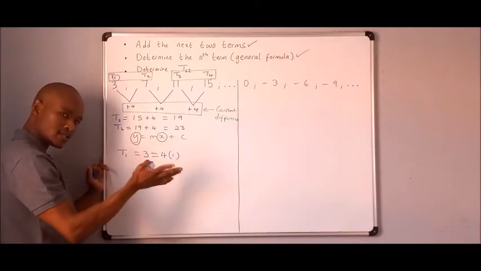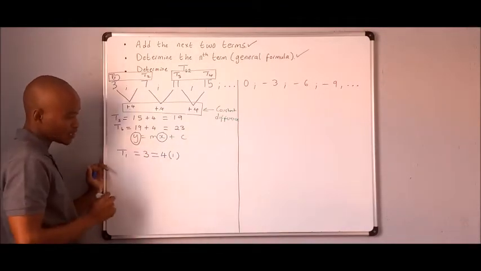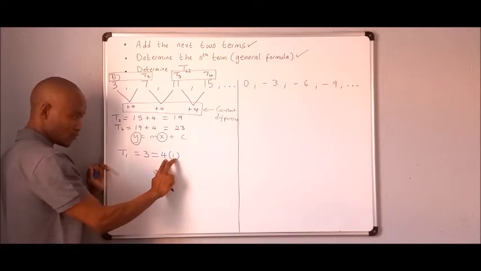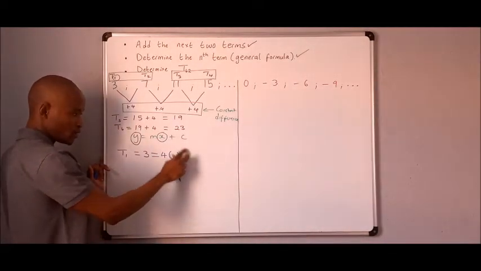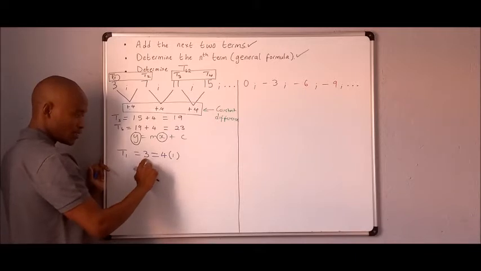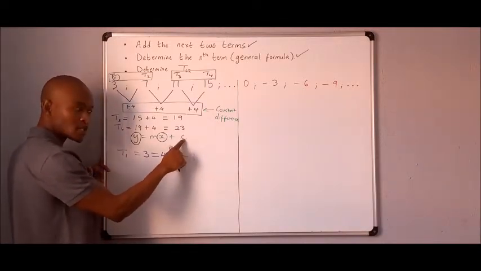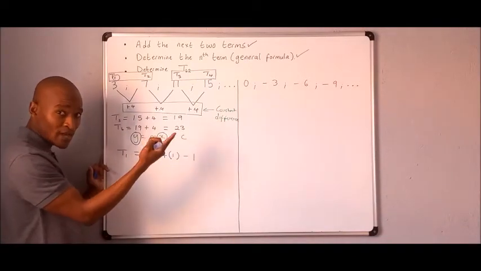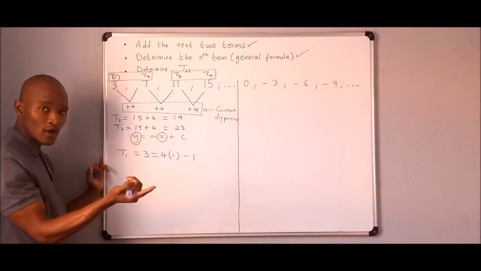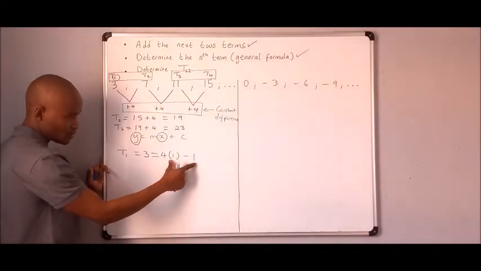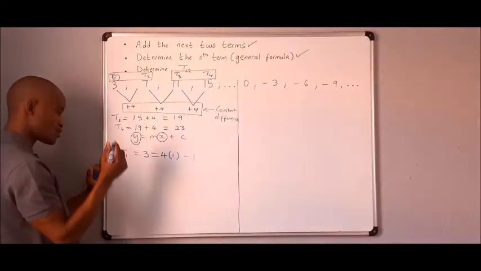I believe you can see the picture here, the connection. So 4 times 1 is 4. So what do we need to do to 4 to get a 3? We need to minus 1. Remember I said we can either add or subtract here. The y-intercept can be positive or negative, or it can be 0 as well. So it looks like we're minusing 1 to that, but let's confirm.